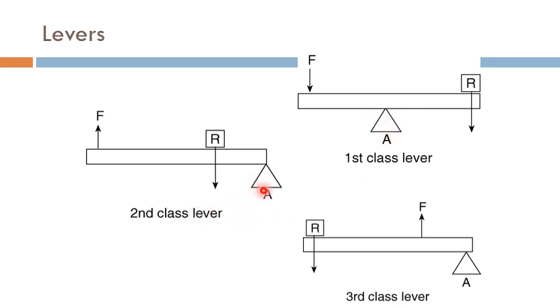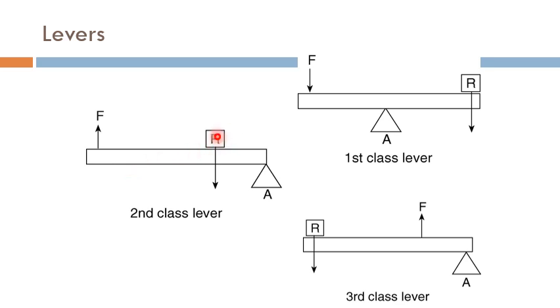Now we look at the second-class lever here. So here's the force, there's the axis. The resistance arm goes from here to here. So a second-class lever favors force production. Okay, why? Because the force arm is longer. Now, what that does is it functions at the expense of motion.